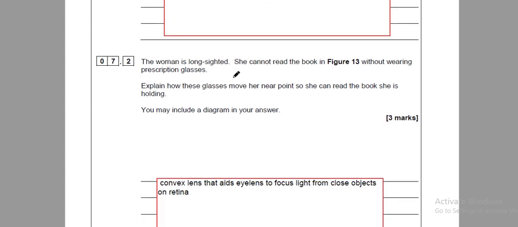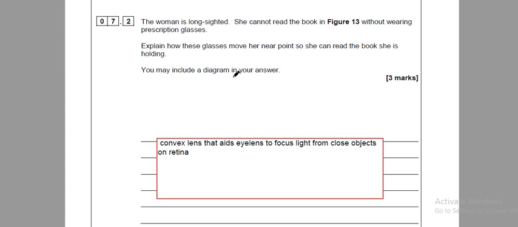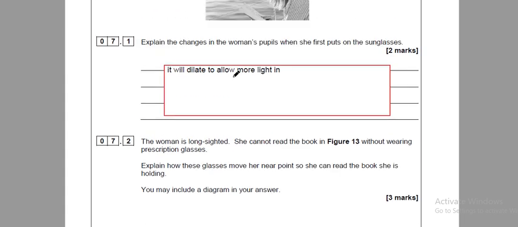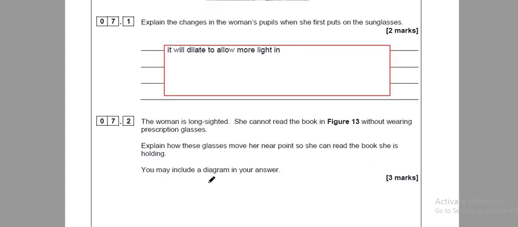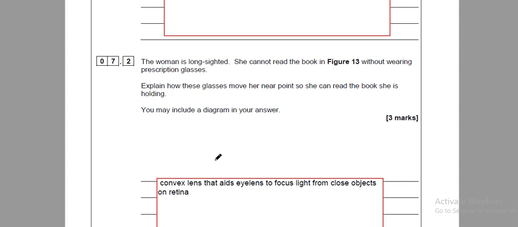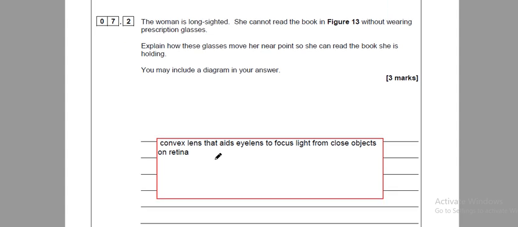The woman is long-sighted. She cannot read the book in figure 13 without wearing prescription glasses. Explain how these glasses move her near point so she can read the book she is holding. You may include a diagram in your answer.